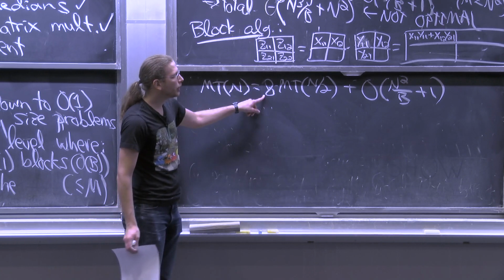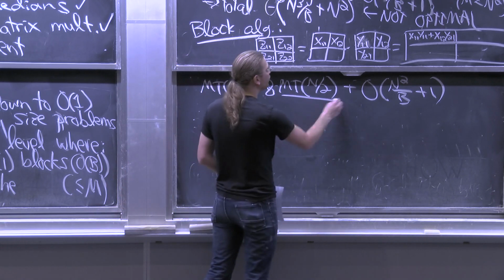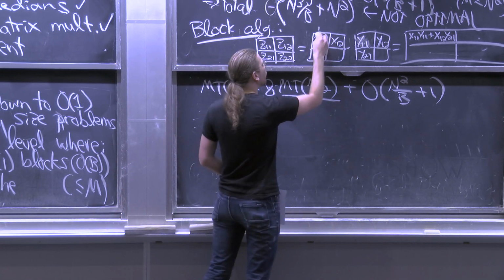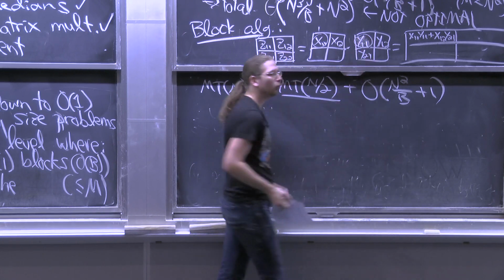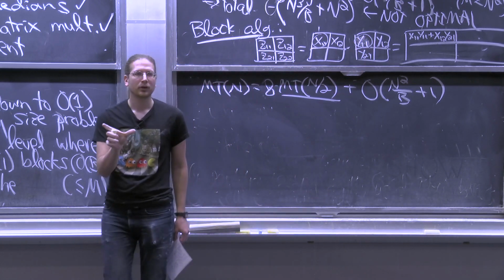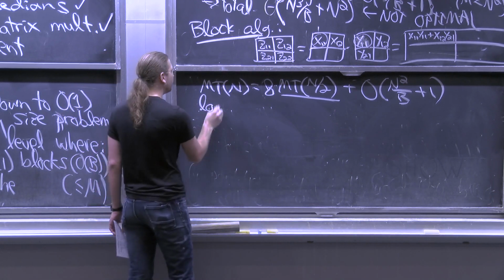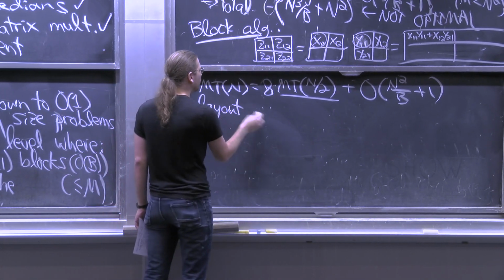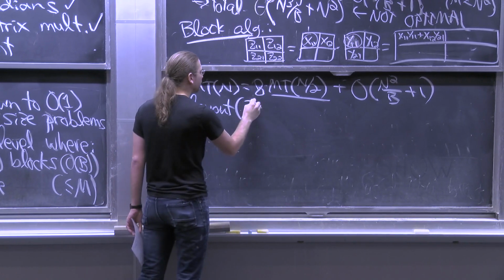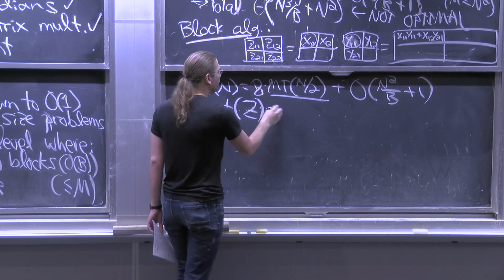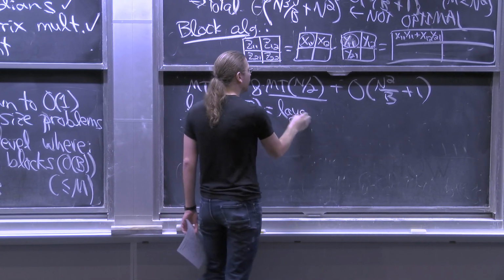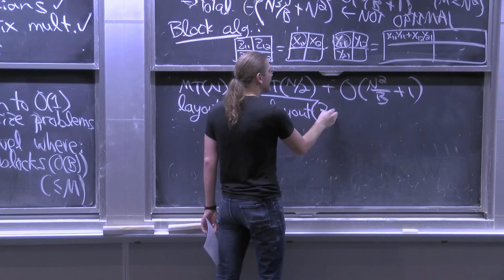Now, for this to be a true recursion, I need that, say, X11 and Y11 are stored as contiguous things in memory. So this means that the layout of a matrix, let's consider the matrix Z, is going to be like the following. I'm going to recursively lay out 1,1.